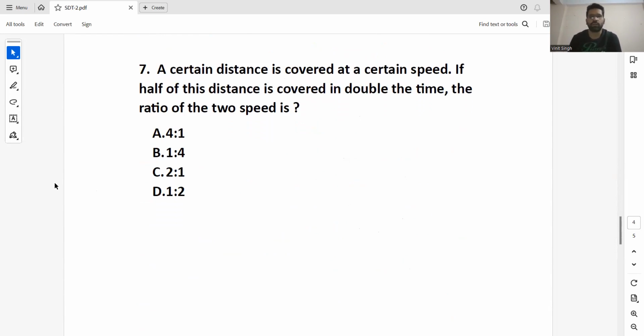A certain distance is covered at a certain speed. If half of this distance is covered in double the time, the ratio of the two speeds is? First of all, we have to find the ratio of the two speeds. The first speed is S1, which is D upon T, simple.